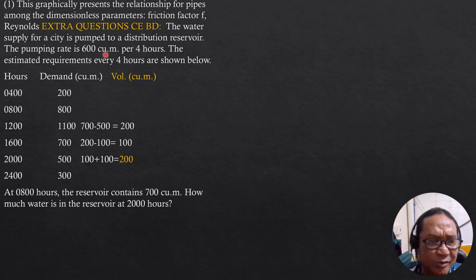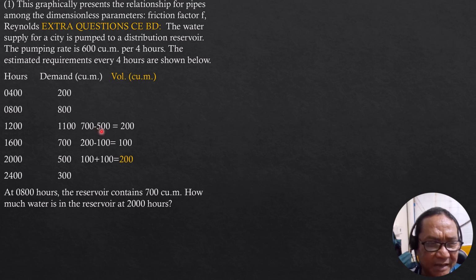Then between 8 and 12, the demand is 1,100. The pumping rate is only 600. So there is a balance of 1,100 minus 600. So that extra volume of water should be taken from the reservoir. Since the reservoir originally contains 700 cubic meters, then minus the demand which will be taken from it, because the pumping rate is only 600, so that's 1,100 minus 600.